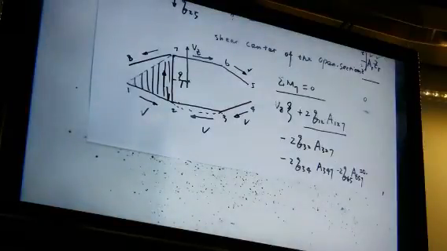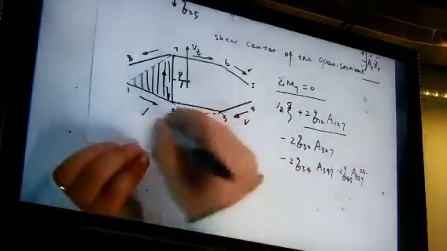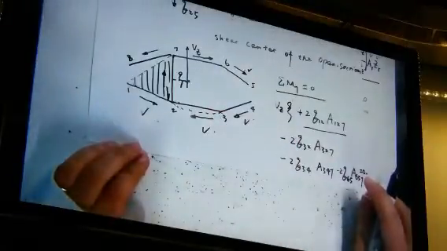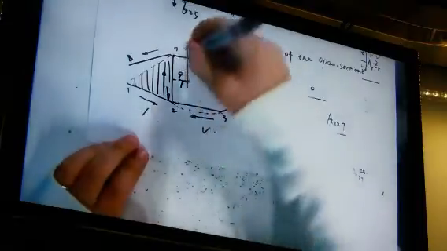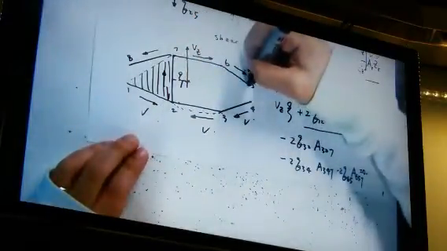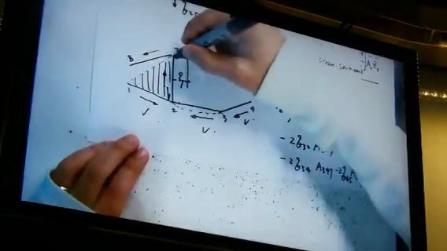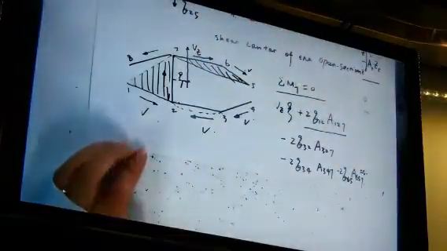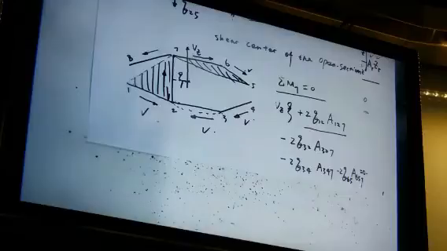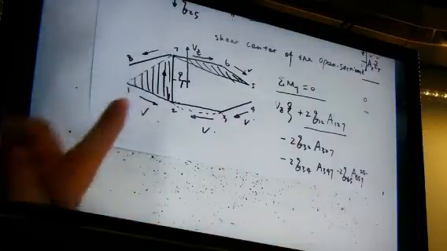The total moment balance about point 7: the first term is from the external loading, and the other 4 terms are from the shear flow 1, 2, 3, 4. Okay? And what is A657? It's area like this. Connect point 5, point 6, and point 7. This area is A657.